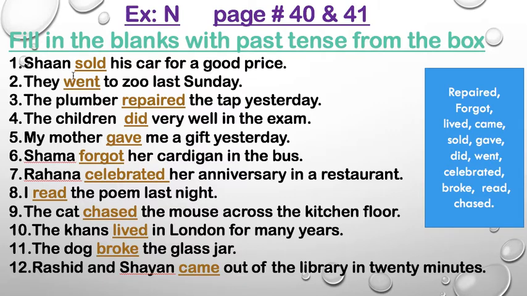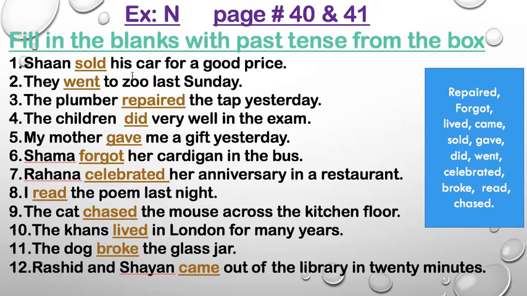What type of verb is it, regular or irregular? It is irregular because we are not adding ed to the base word. The base word is sell, and the past tense is sold. So it is an irregular verb. Next, the answer is sold.